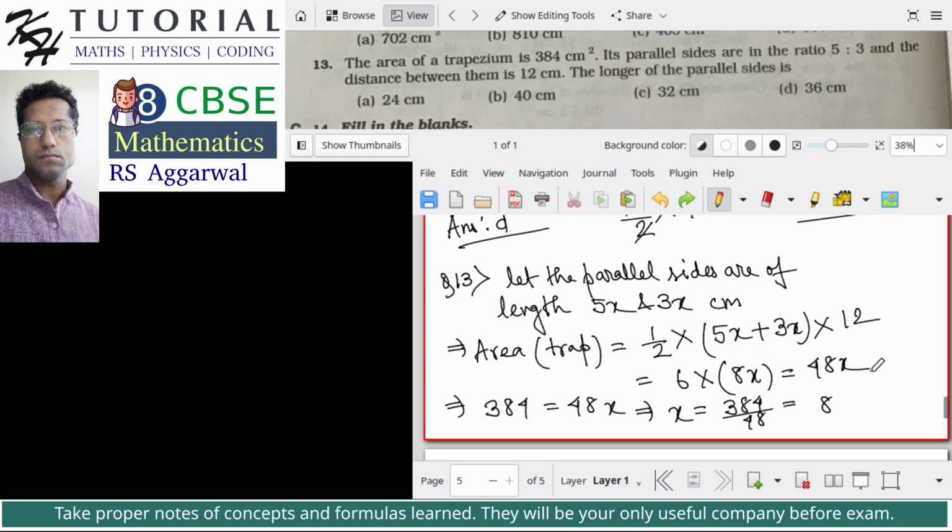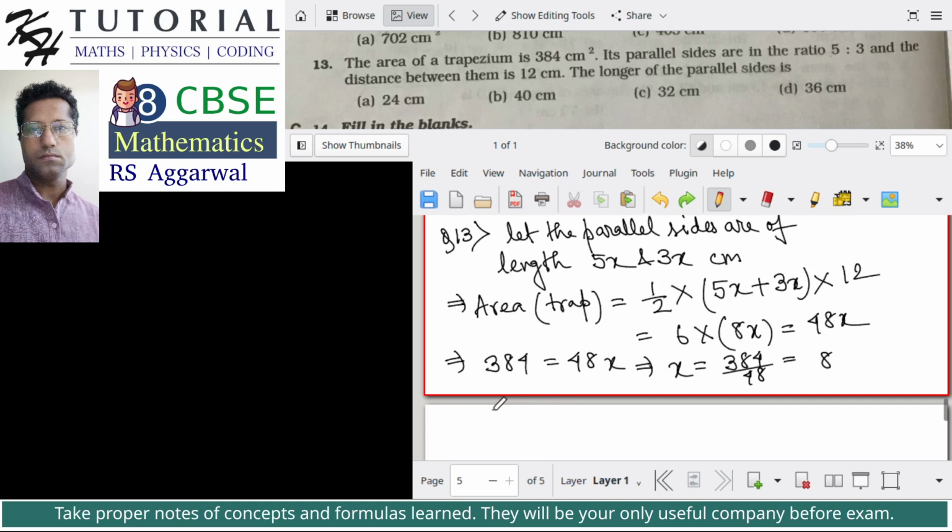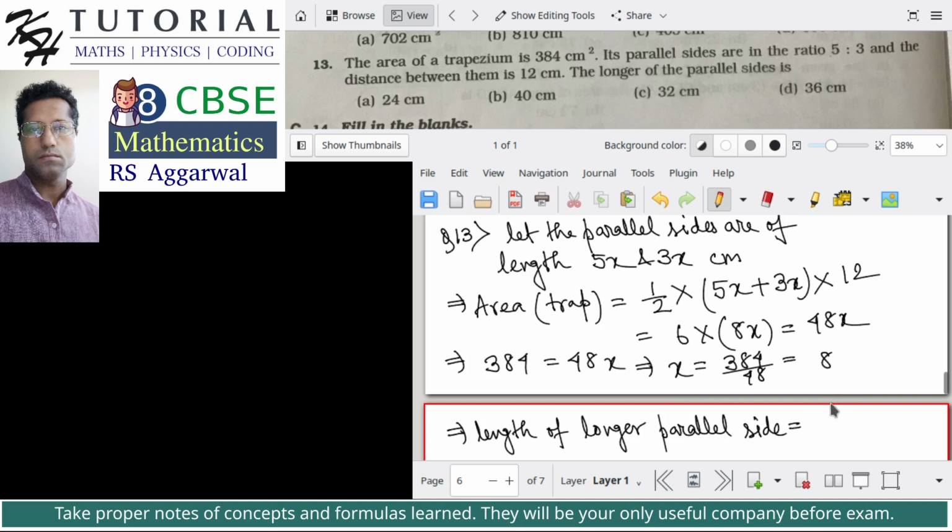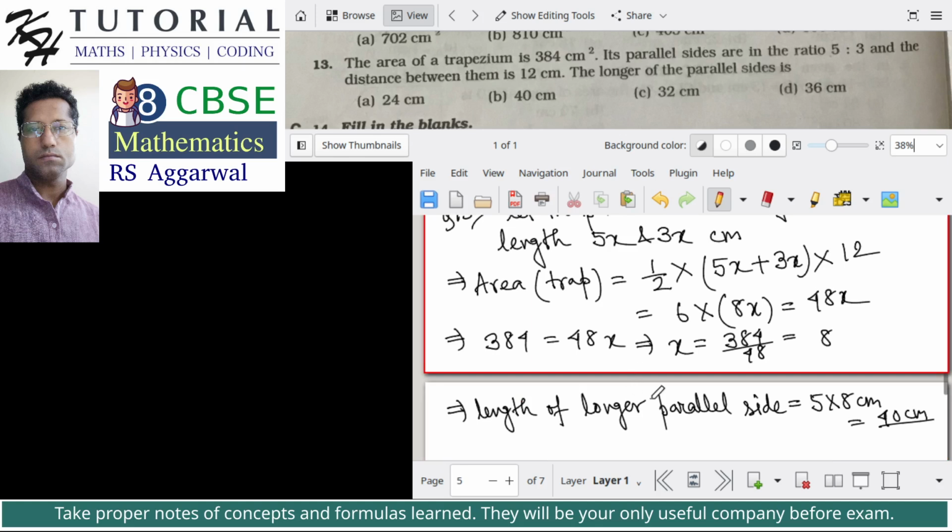It is asking the longer side. So the length of the longer parallel side will be equal to 5 multiplied by x centimeter, which is equal to 40 centimeter, and hence the correct choice will be B. B is the correct choice. Question number 13, B is the correct choice.